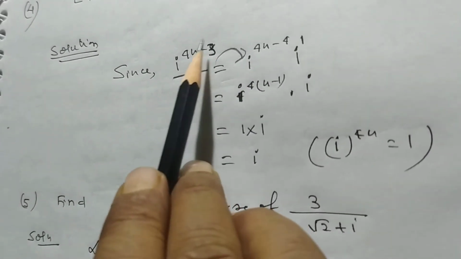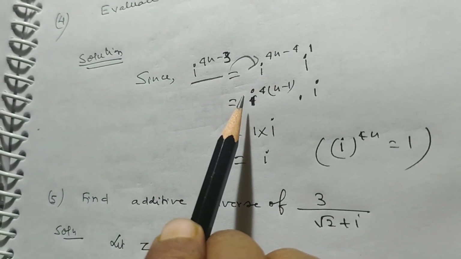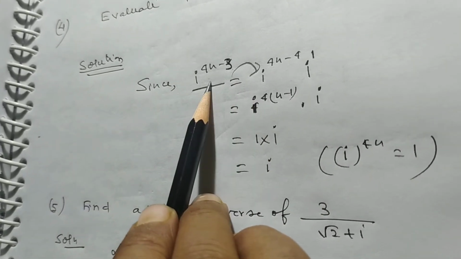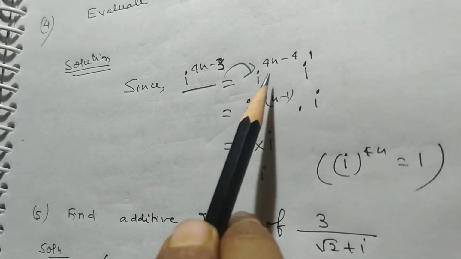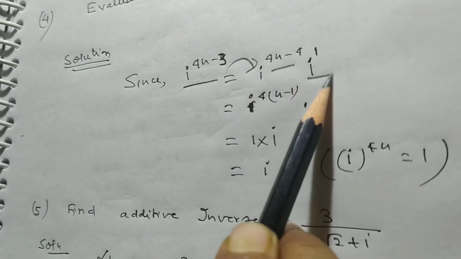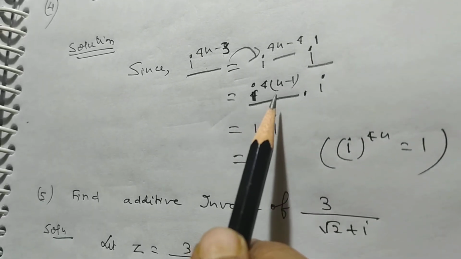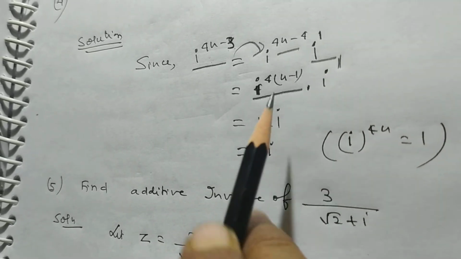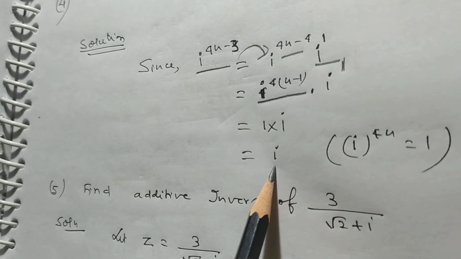We write the power in the form of a multiple of 4, since i to the power 4 is equal to 1. For the purpose, we write i to the power 4n minus 3 is equal to i to the power 4n minus 4, i to the power 1. So by taking common, i to the power 4 into (n minus 1), i to the power 1. So it is 1 into i is equal to i.